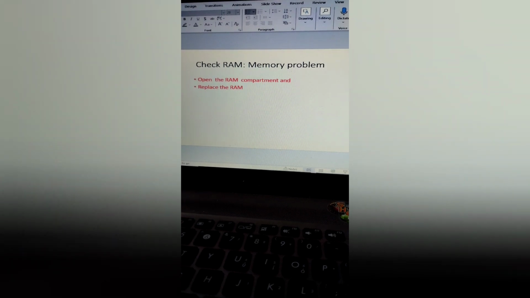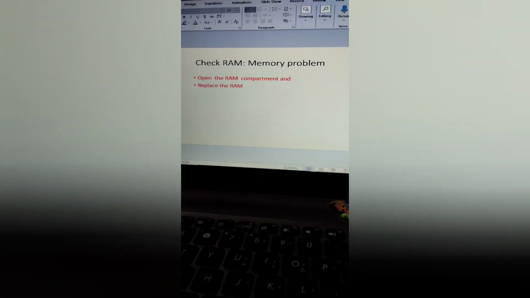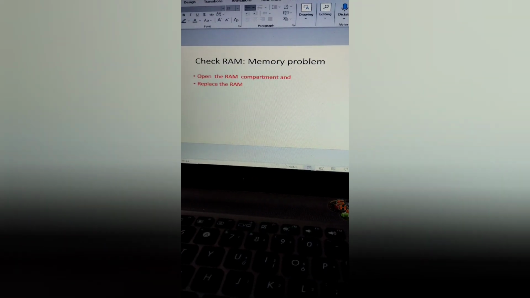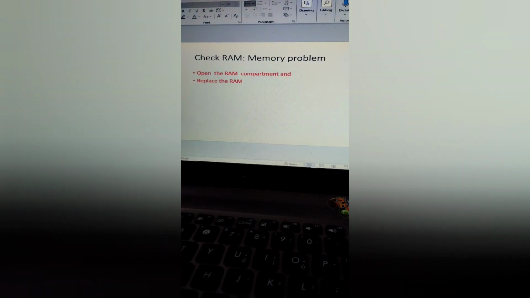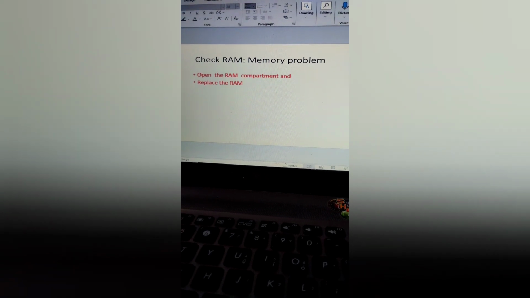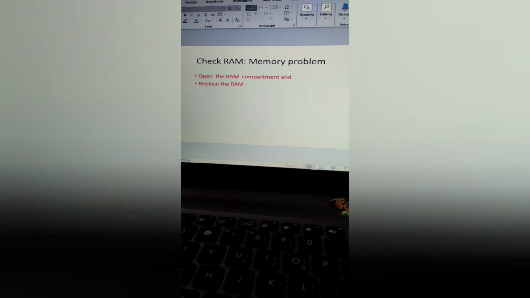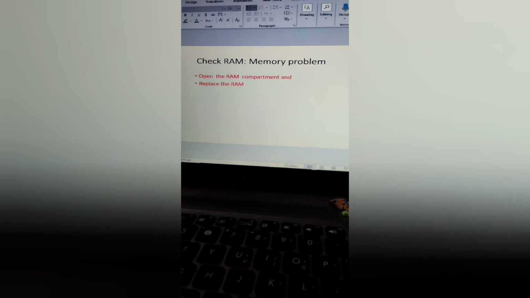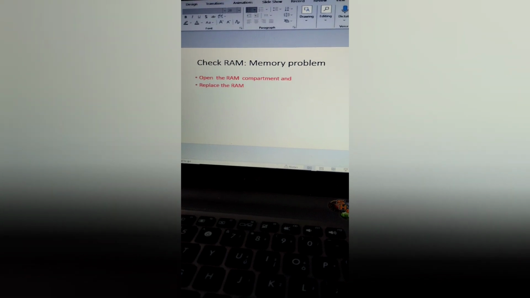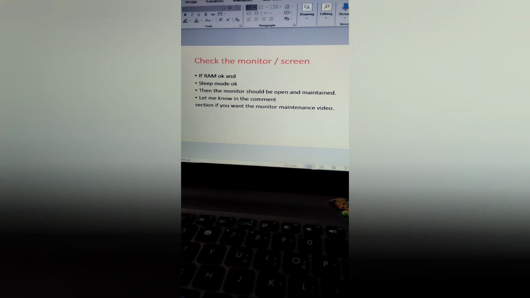You remove the RAM, whether it's dynamic RAM or static RAM, whatever type RAM it is, with its capacity, you change it. You close the system back, and when you switch on now, the system will be okay for you to work with. So once the RAM are okay, it means when you switch on your computer, immediately it's able to come on, and the RAM is able to ensure that your computer is working well.